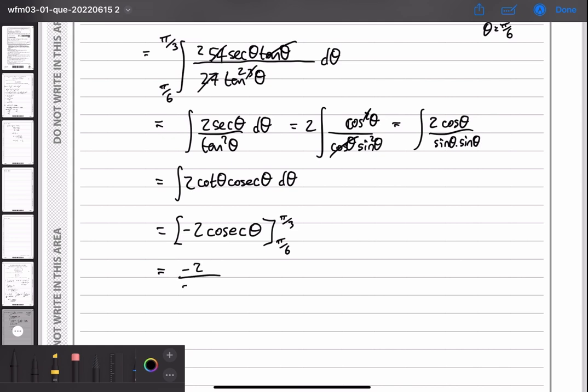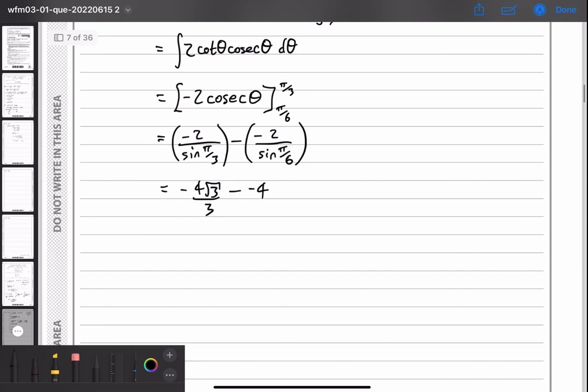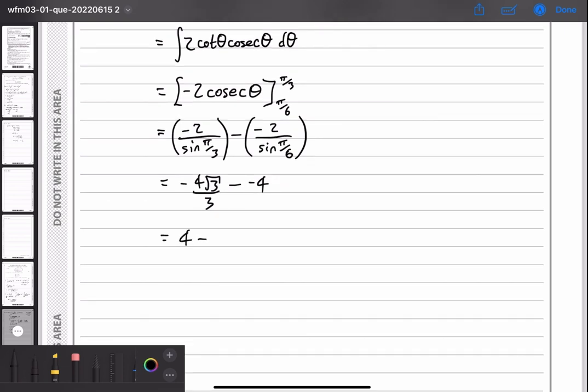Minus 2 over sine pi by 3 minus 2 over sine pi by 6, which gives us minus 4 root 3 over 3 minus 4, so 4 minus 4 root 3 over 3.